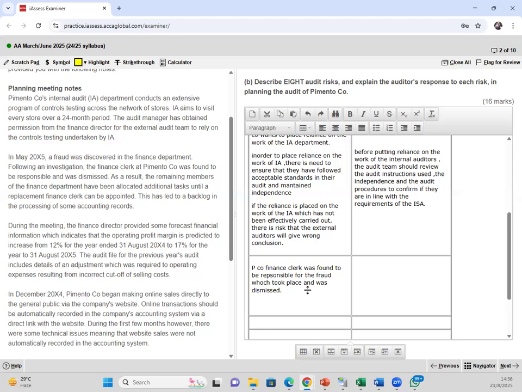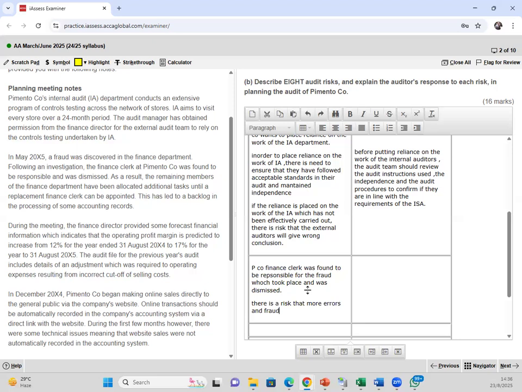There is a risk that more errors and fraud may have taken place and have not been detected.